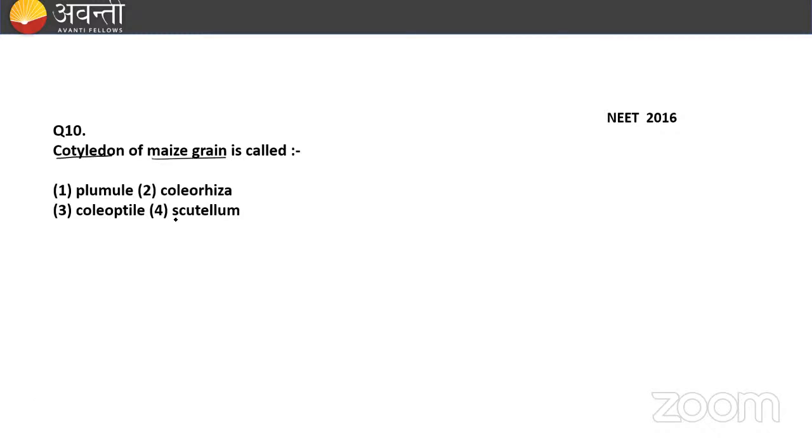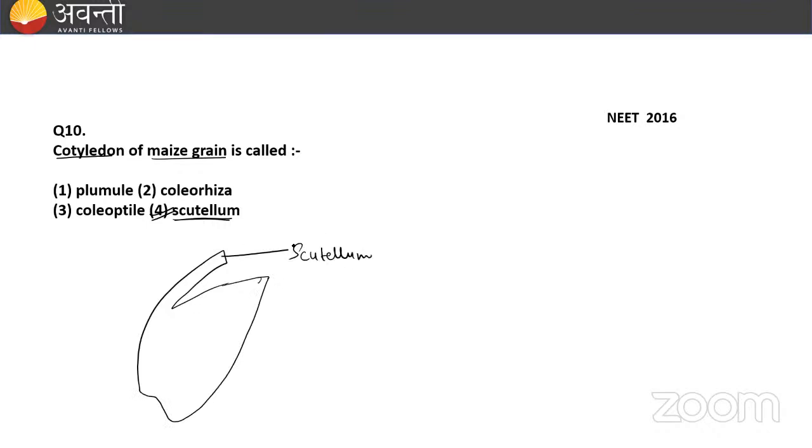Cotyledon of maize grain is known as scutellum. Scutellum is a single cotyledon because maize is a monocot. Mono means one, cot means cotyledon.